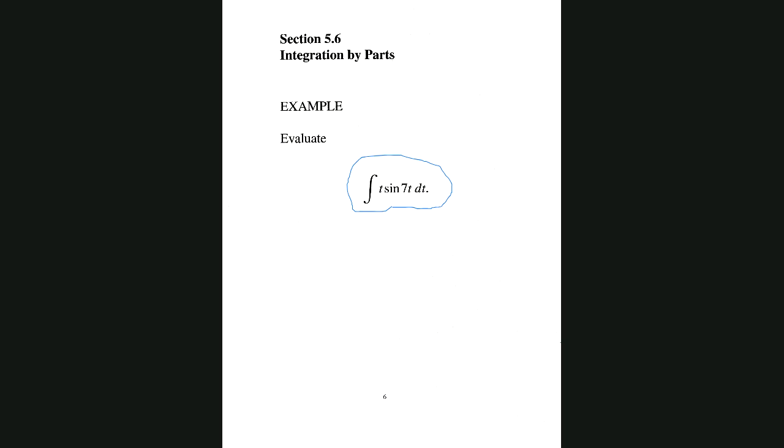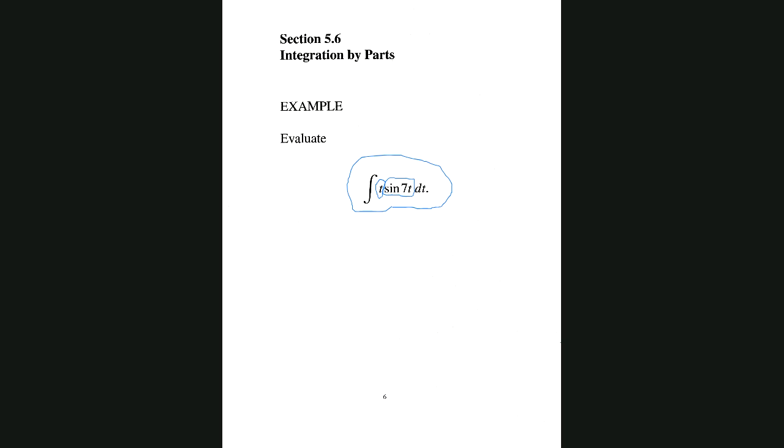We have the product of two functions, and we had that with substitution problems as well. But are the functions t and sine of 7t related at all to each other? Are they in any way related?